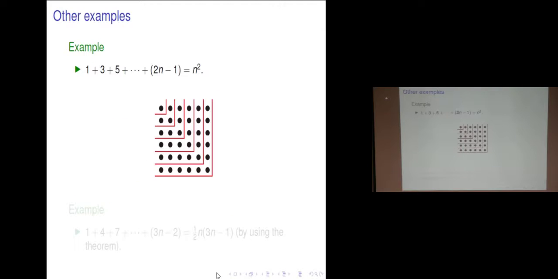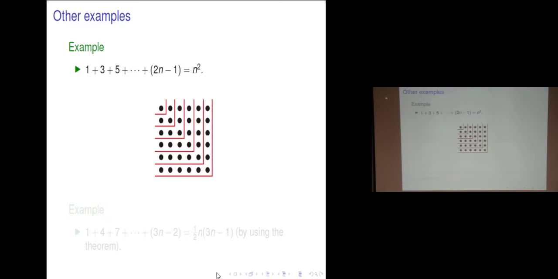Okay, good. Now let's look at some examples. So the first example is this. This is an arithmetic series, right? 1 plus 3 plus 5, so the d is 2, all the way to 2n minus 1. Now if you plug the formula into the theorem, you get n squared. But this particular series is known to have a geometric proof.